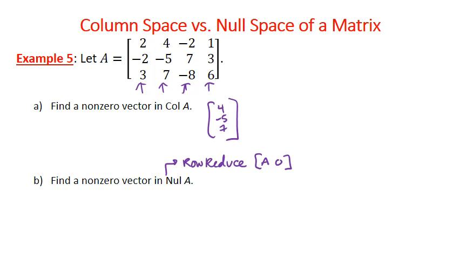I'm actually going to do it up here to save some space. Remember that this is matrix A with a 0 column. When I row reduce this, I get the following matrix.